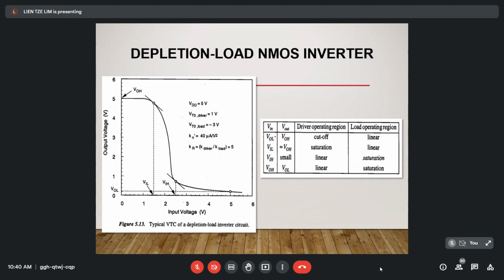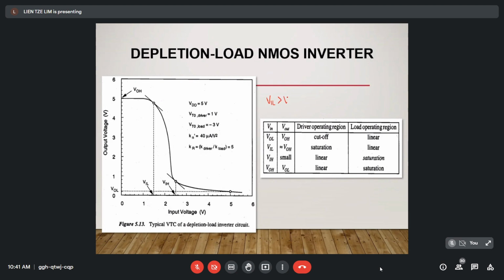If the input voltage is increased slightly to VIL, this is also a low input voltage, but it is above the threshold voltage.